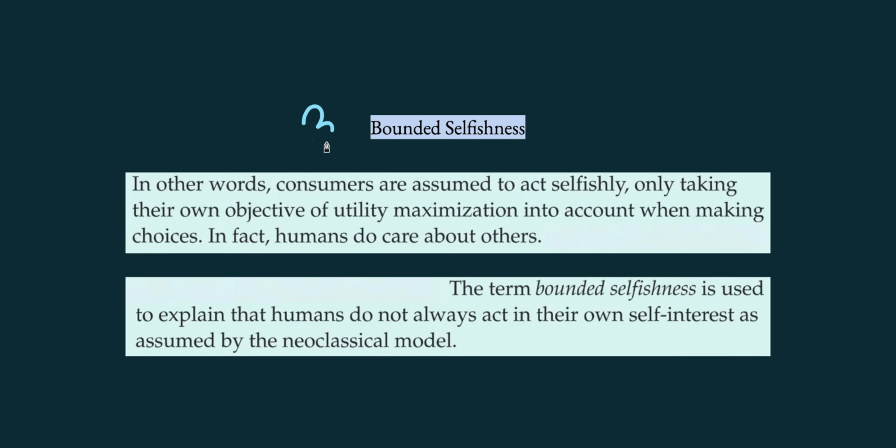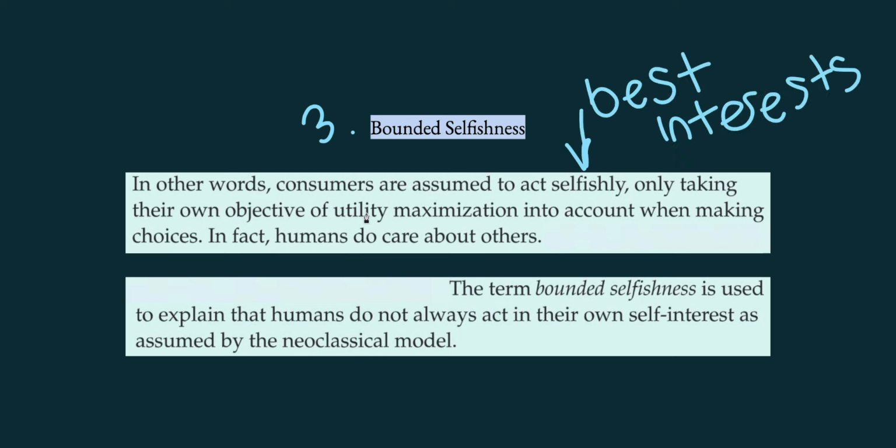Okay, and number 3, bounded selfishness. So limited selfishness, hard to say. In other words, consumers are assumed to act selfishly. Remember what we said before about best interests? Only taking their own objective of utility maximization into account when making choices. But in fact, what a surprise, some humans do care about others.